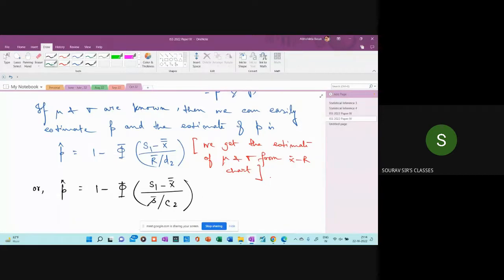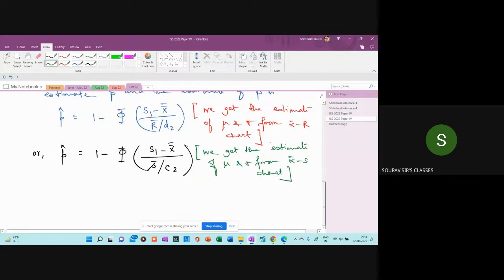Here we are saying that we get the estimate of mu and sigma from the x bar S chart. So we can use the R or S chart for the standard deviation, and the estimate of mu is obtained from the mean chart, basically.